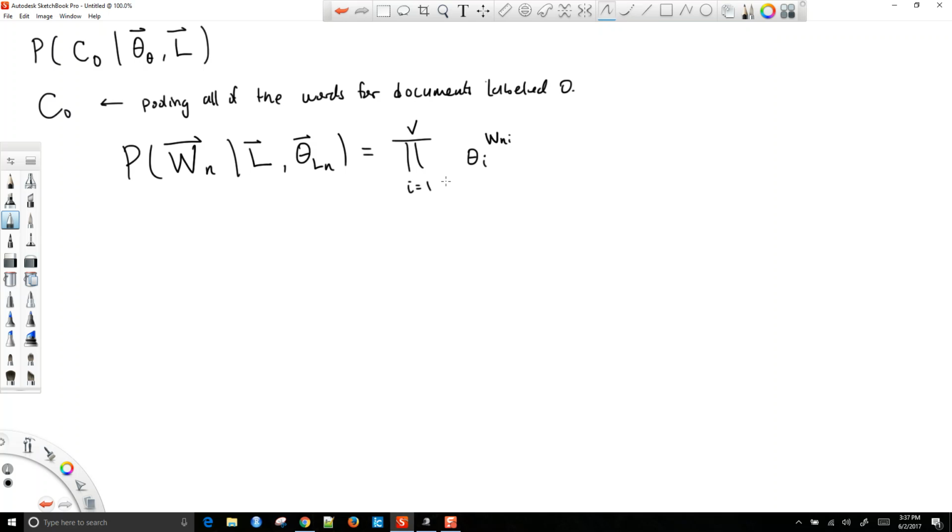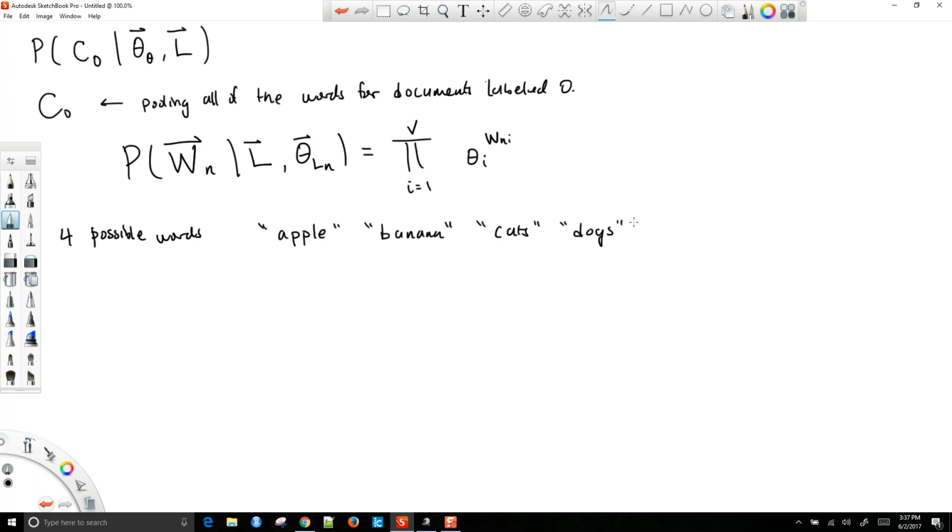Okay, so let's just say there were only 4 possible words, just for simplicity. So we'll say 4 possible words. And the words are apple, banana, cats, and dogs, okay?